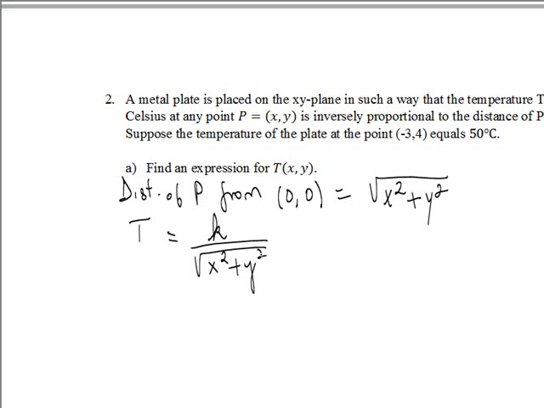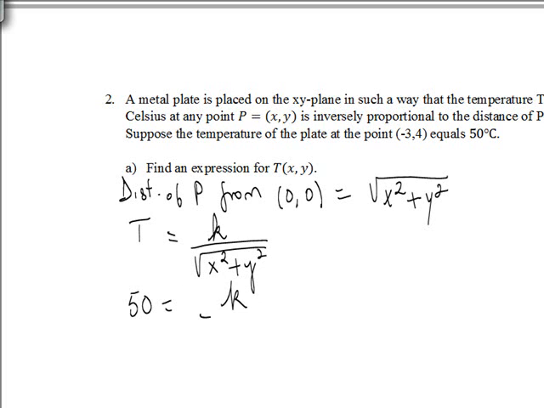Now you need to find k. And how can you find k? By using the information in the question. Look at the last line. The temperature at the point (-3, 4) equals 50. So in other words, when T is 50, x is -3 and y is 4.